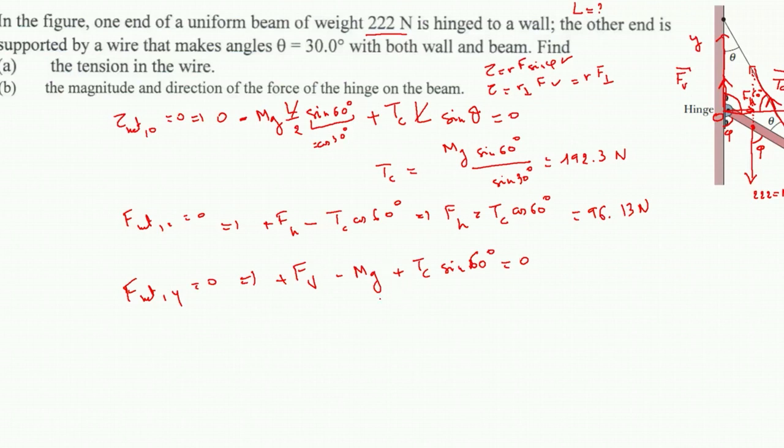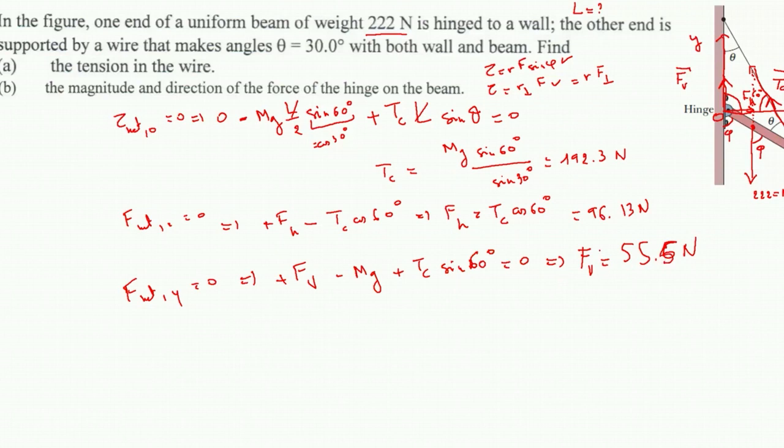So if I solve for F vertical, I get mg minus TC sine 60 degrees, which gives you 55.6 Newton, or 55.5 if you want.